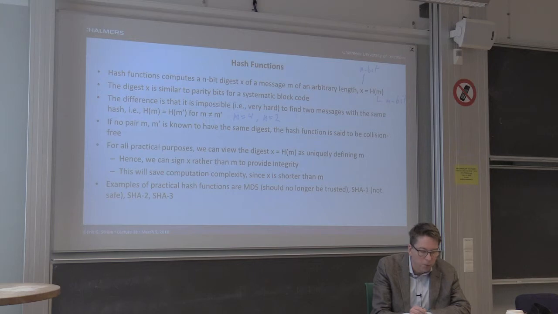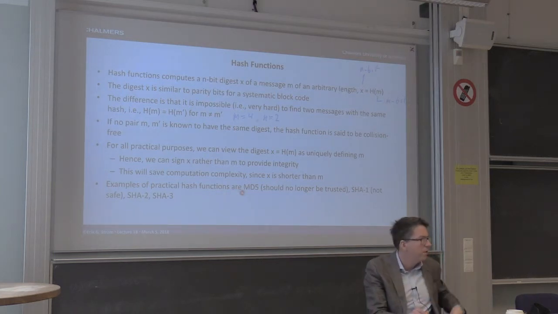Which means that if we have a hash function which is collision free, or collision resistant, then instead of working with m, we can work with x when it comes to signing messages. The advantage is that x could be relatively few bits, and the computational complexity in signing x compared to m could be much smaller. So we do this for complexity reduction.